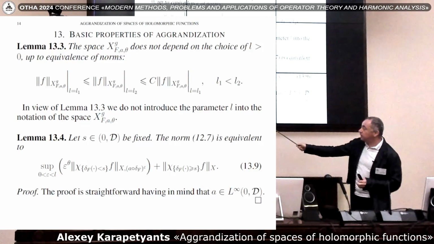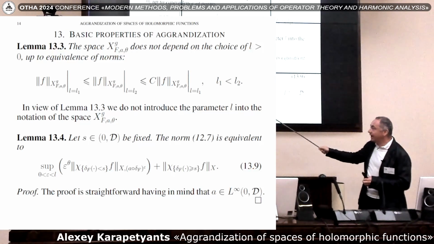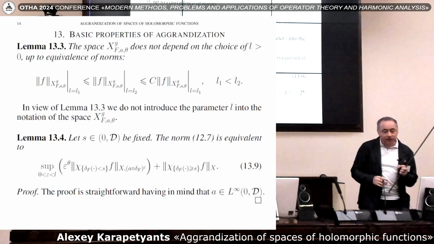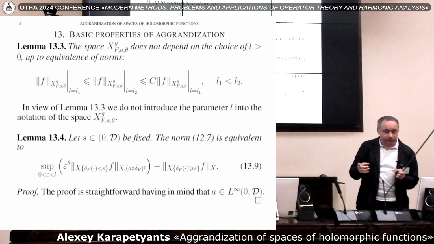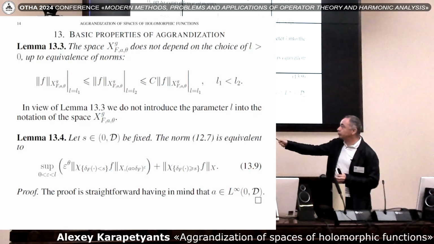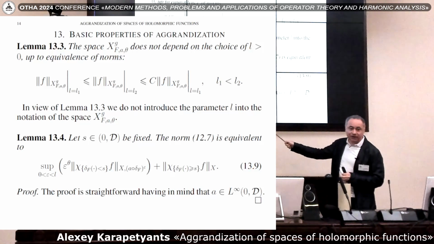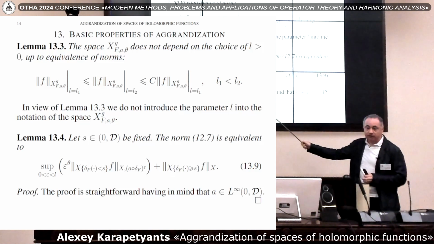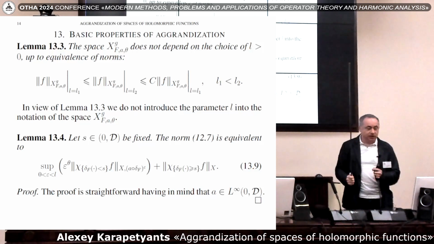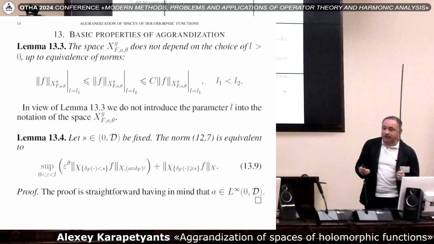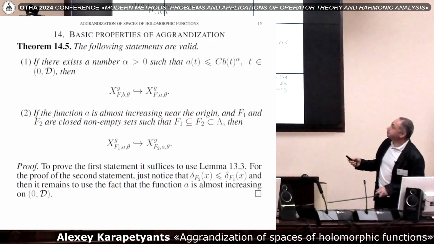Another useful property, then you can just take a grand norm only close to the set F. So you take just neighborhood of the set F, you calculate grand norm only here, and the rest you can take just regular norm in your initial space X. It's also sometimes useful. Okay.